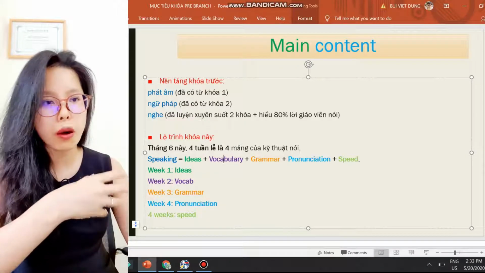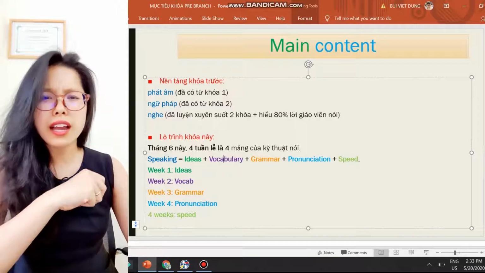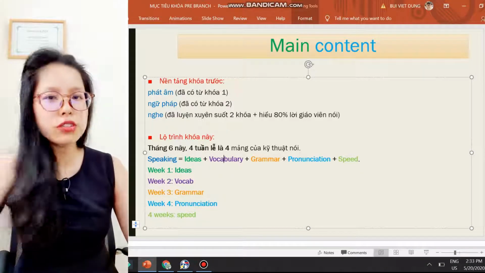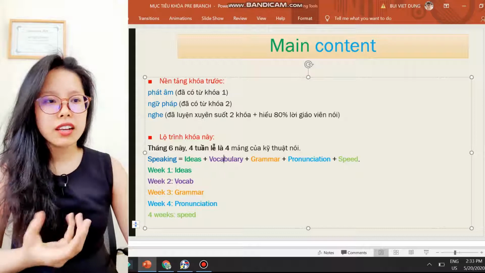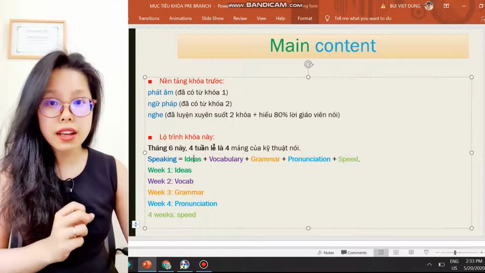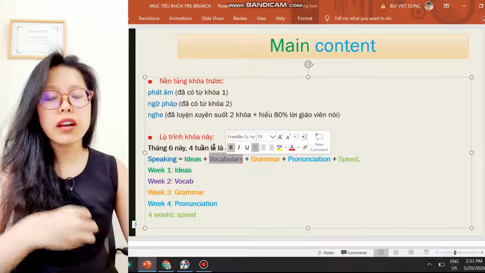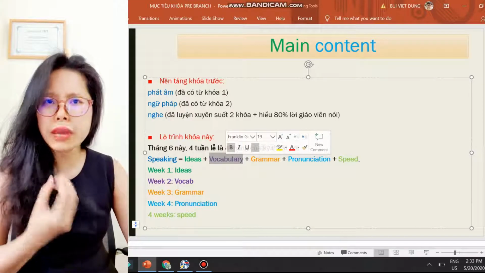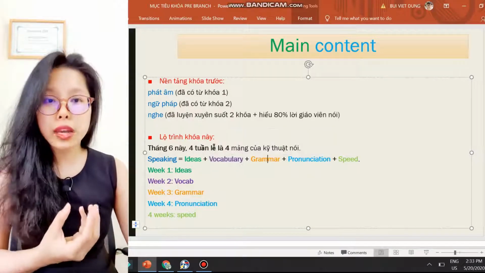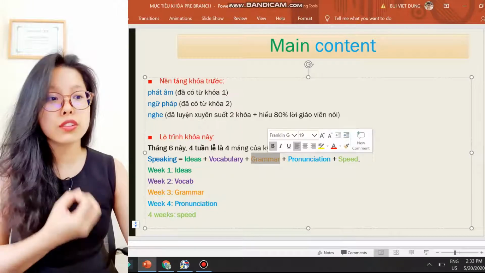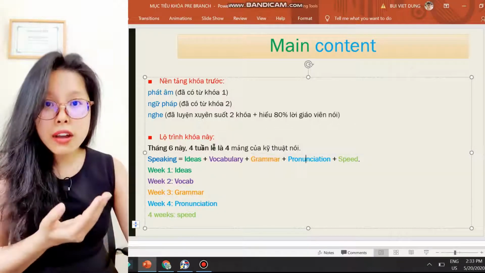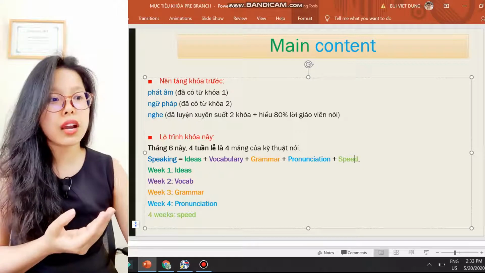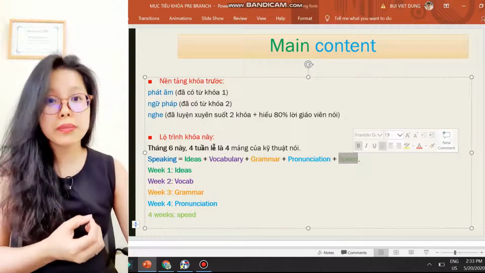Now, the schedule of this course is that, in this month, we would have 4 weeks of the 4 parts. And I bet that you remember, speaking. If you want to speak well, firstly, it has to come from idea. And then once you have a couple of ideas in your mind, you have to put vocabulary to name those ideas. Put them together, arrange them in a sentence, it is grammar, and then you say them out, which is pronunciation, and if you have the good speed, that is a big plus.